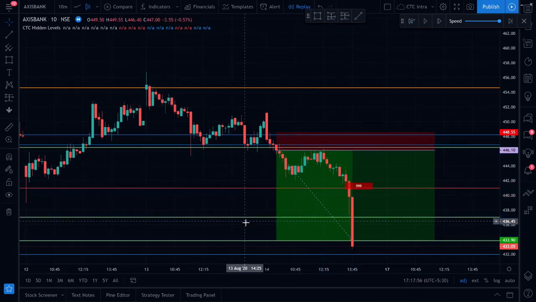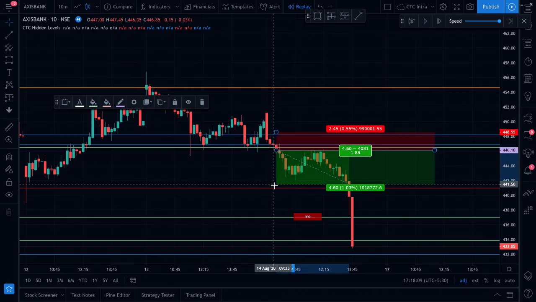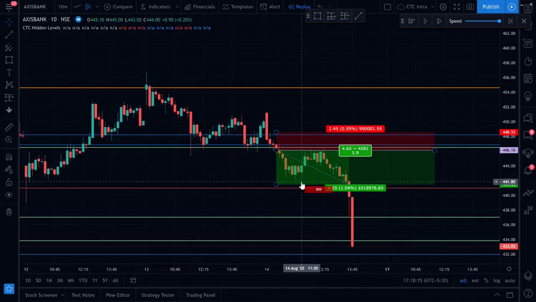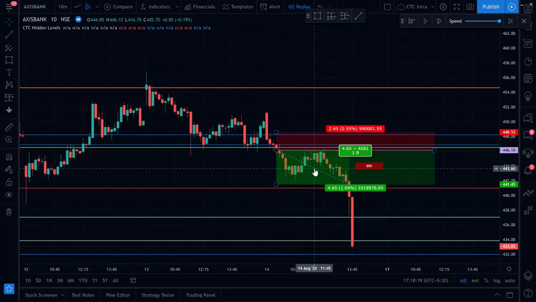But in case your initial target is small, like this, the initial target which we had set here is less than 2, that is 1.9 risk reward. In that case, when the price makes 90% of your move, what is the 90% here? The target is 4.65 points, as you can see. So 4.65 into 90%, that is 4.2.